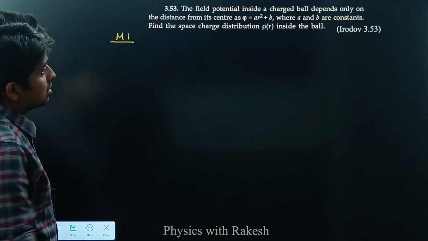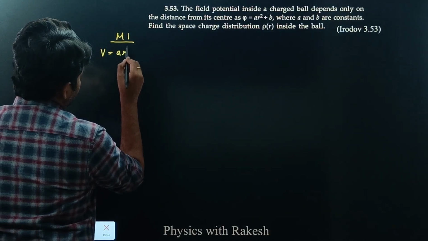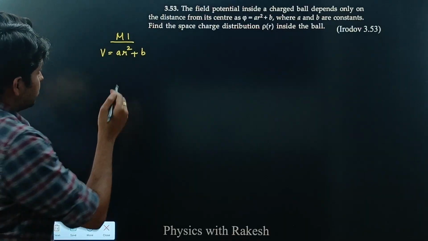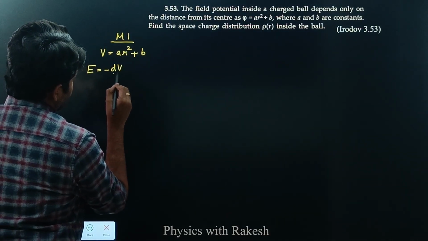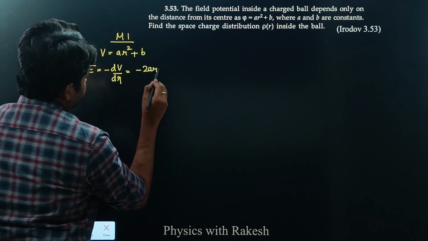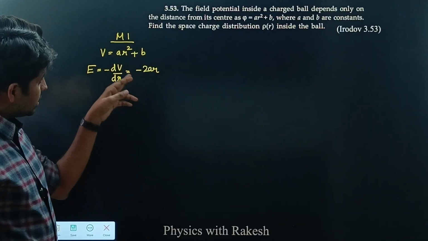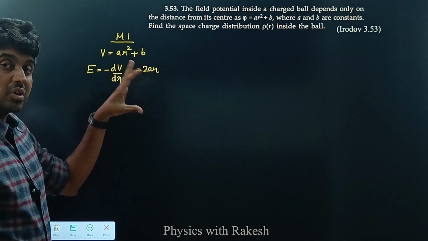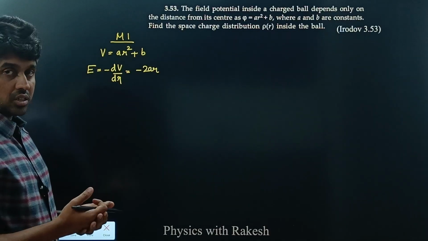So method 1, the potential is given as AR square plus B. Okay, so E equal to minus dV by dr, which is equal to minus 2AR. Now, what students do is, intuitively they know that if E is some constant times R, it must be inside a uniformly charged sphere.